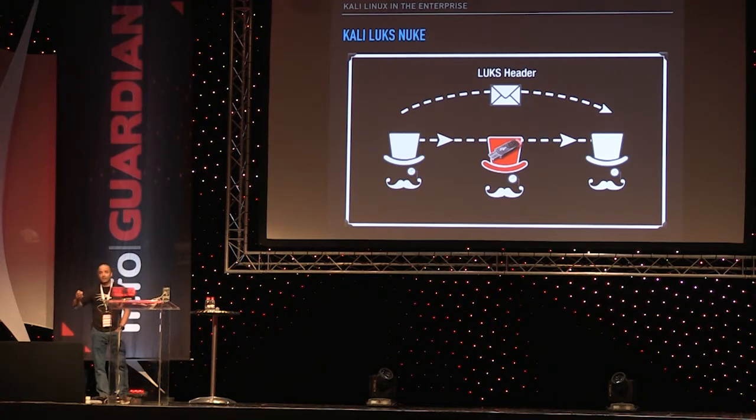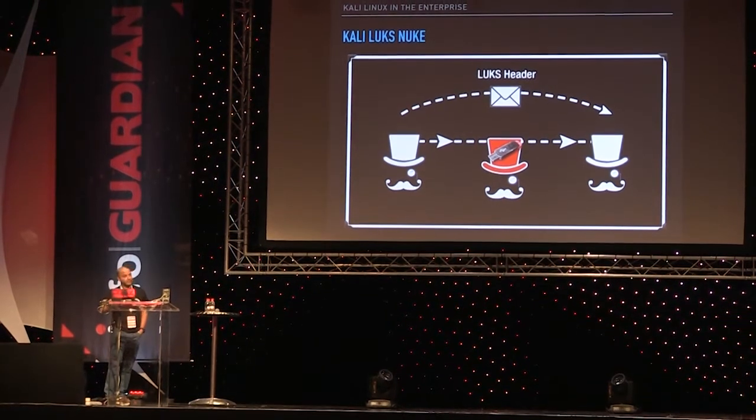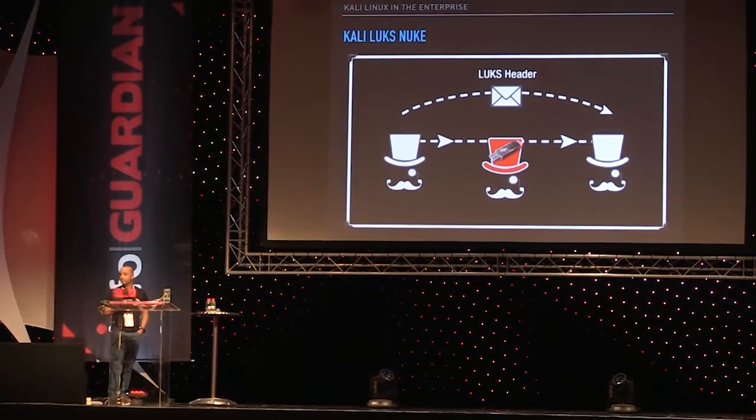That was a technically and hopefully legally sound way of protecting that sensitive customer information. So the Kali LUKS Nuke feature really helps simplify this whole process and makes it almost seamless.